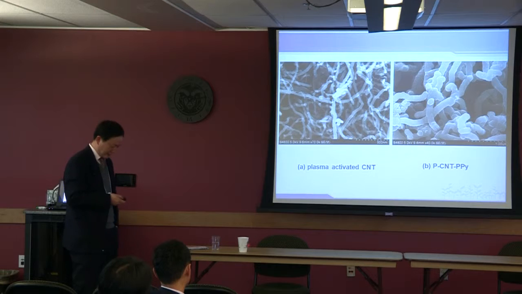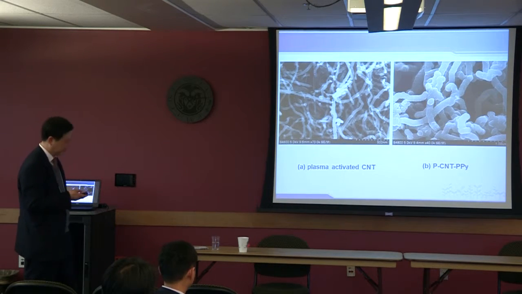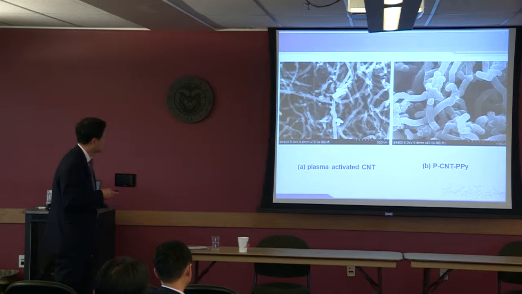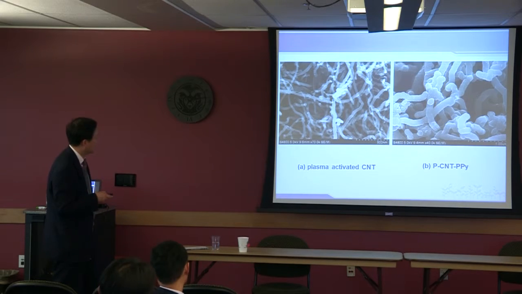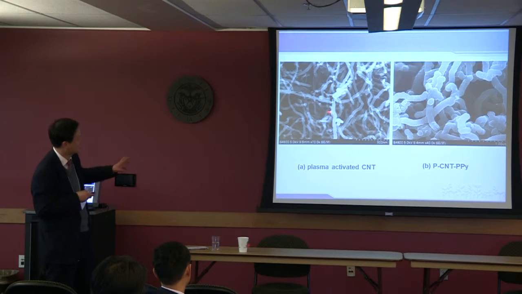Well, let me show some of the results. Here are 2 pictures from the SEM. The left one is the CNT after plasma activation. See, that's the tube, and a lot of pores.